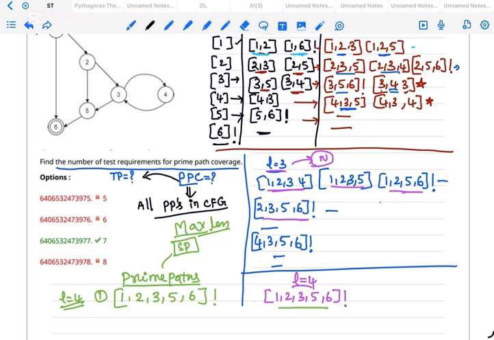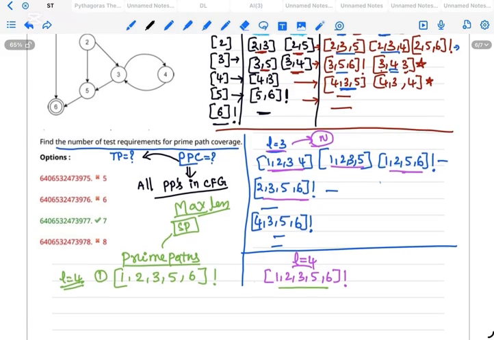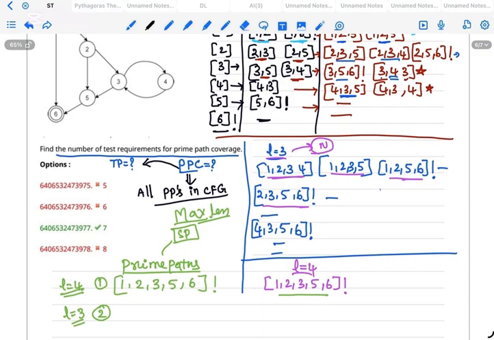This is the first prime path and this cannot be extended. So next length 3, we will go in reverse order. In length 3, 1 2 3 4 is not covered in the length 4 simple path, so 1 2 3 4 is a prime path.